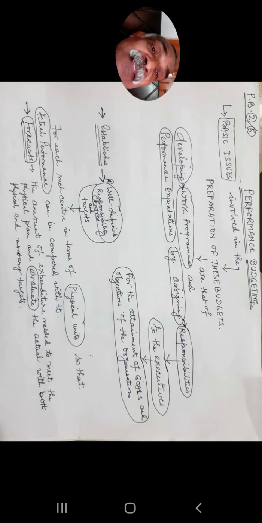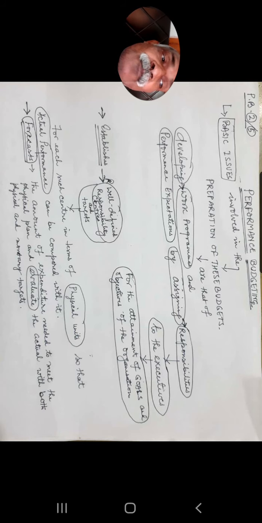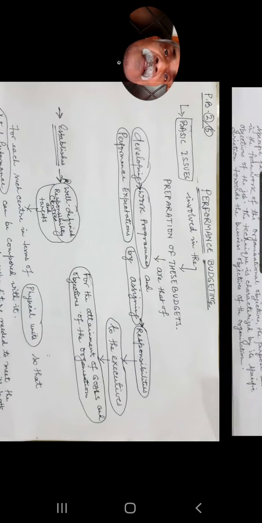To meet the plan, how much expenditure is required, and evaluate the actual with both physical and monetary targets. So this performance budget is forecasting the amount of expenditure needed to meet the physical plan, and evaluate the actual with both physical and monetary targets. Is that clear?